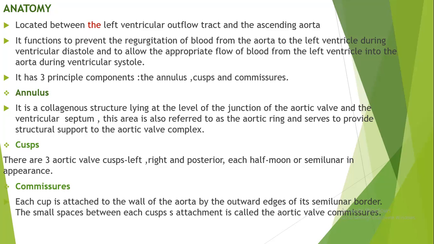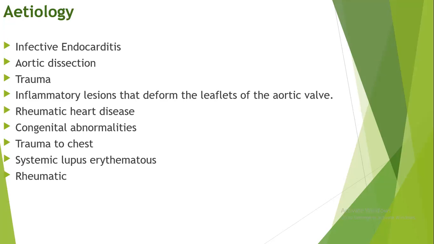There are three aortic valve cusps, the left, the right, and the posterior one. Each one of them is half-moon or semilunar in appearance. The commissures: each cusp is attached to the wall of the aorta by the outward edges of its semilunar border. The small spaces between each cusp's attachment are called the aortic valve commissures.